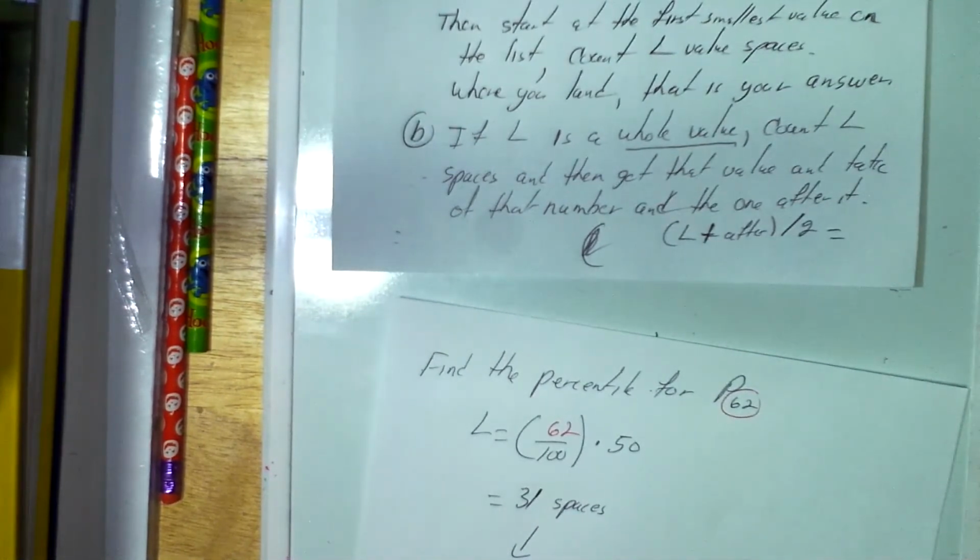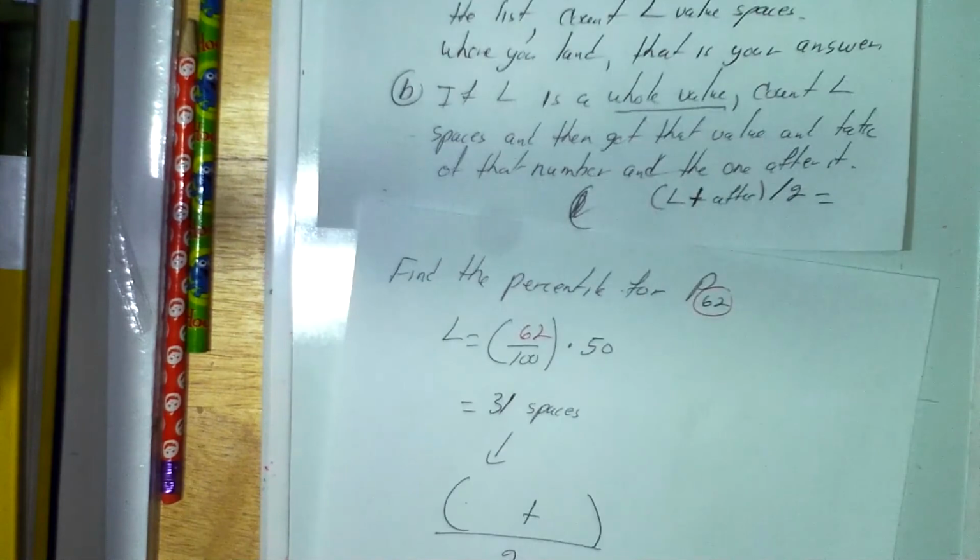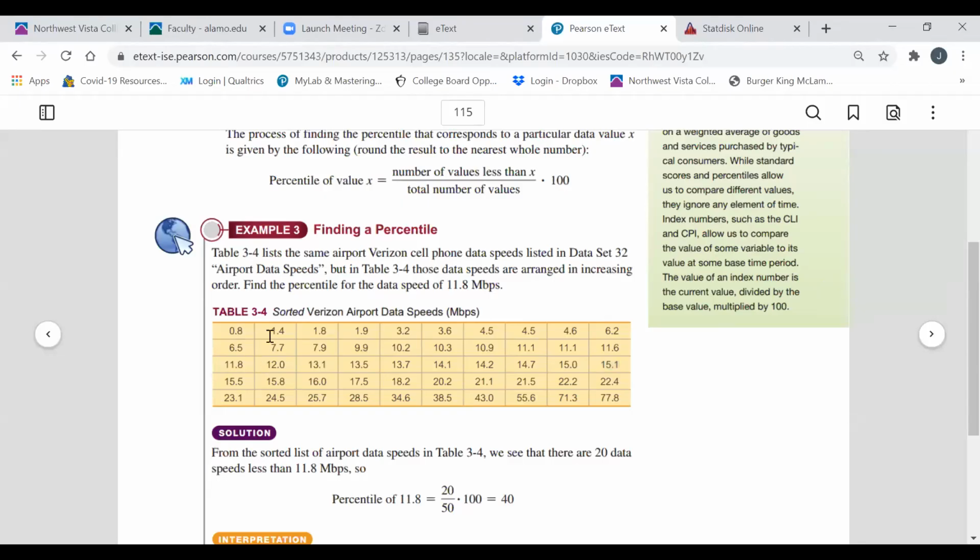You're gonna take the average of that number. Right? Count 31 spaces. All right, let's go. Let's count 31 spaces in our list. Here we go. Count 31. 1, 2, 3, 4, 5, 6, 7, 8, 9, 10.